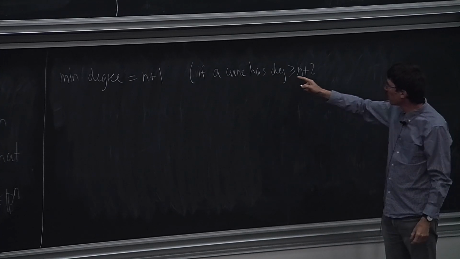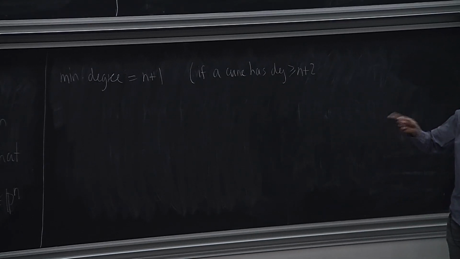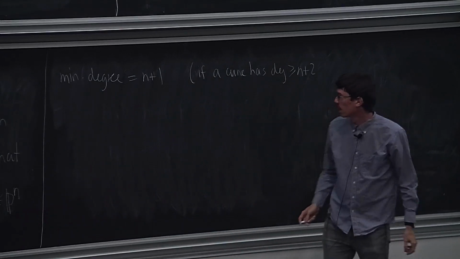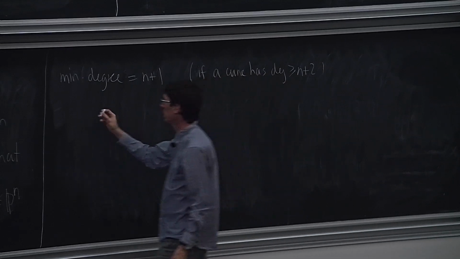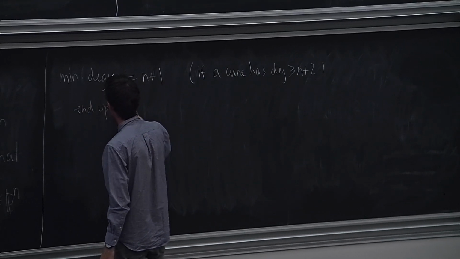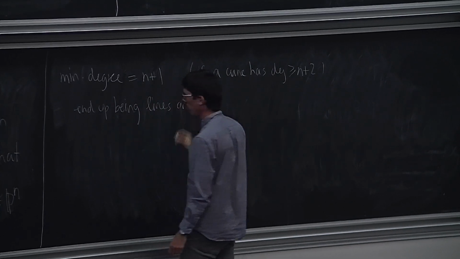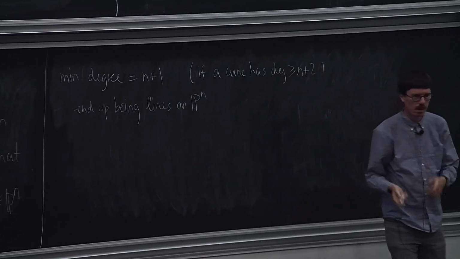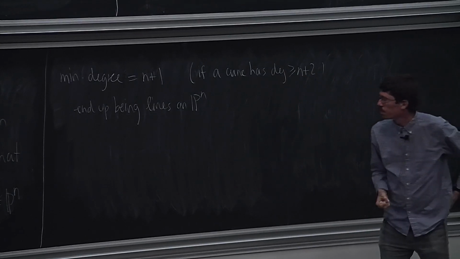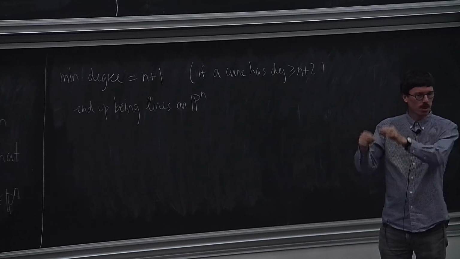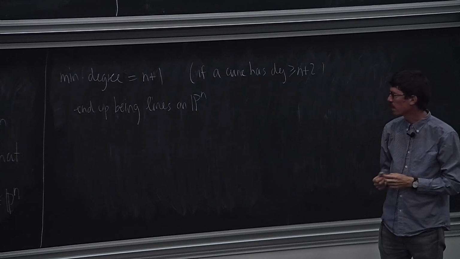So the minimal degree is in fact n+1, and the rational curves of minimal degree end up being the lines on Pn. You show that these curves of degree n+1 through a point behave exactly like the lines, and you can blow up and do some inductive argument to show that this thing is Pn.